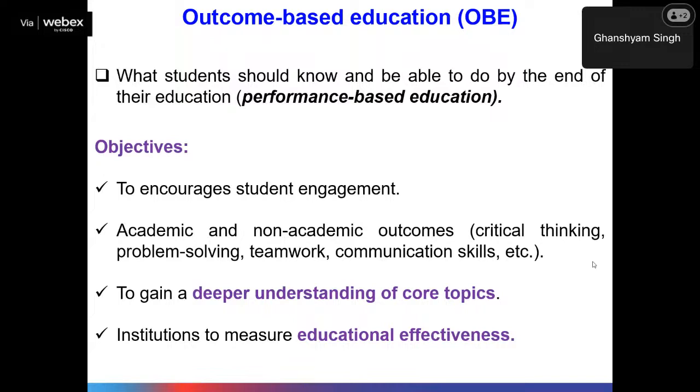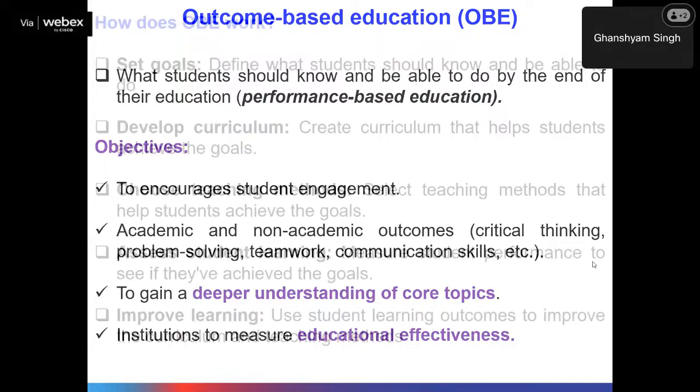So TNP activities are also a kind of measured effectiveness. We can also check the kind of projects they undertake during their final years. So there are various parameters by which the institution can measure its educational effectiveness. That is also part of the OBE.